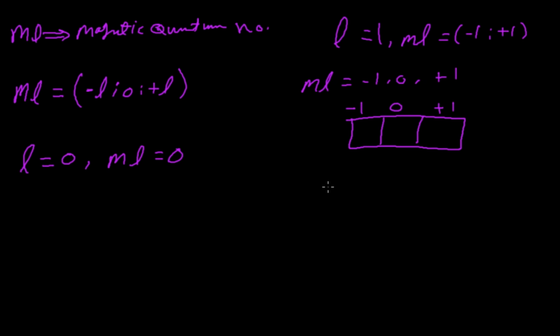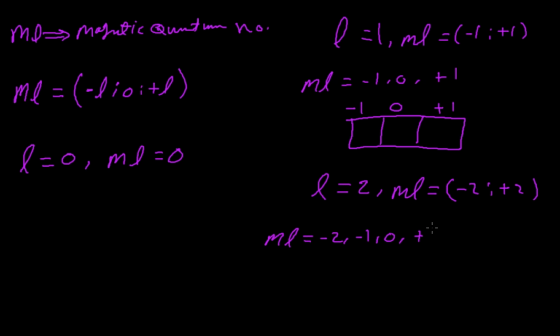What if you have a subsidiary quantum number which is equal to 2? That means ML should range from negative 2 till positive 2. So the ML values should be negative 2, negative 1, 0, positive 1, and positive 2.